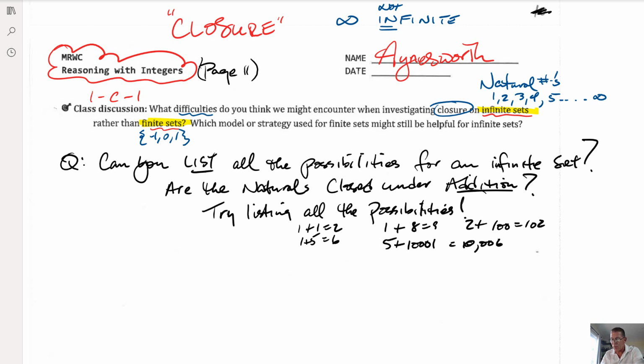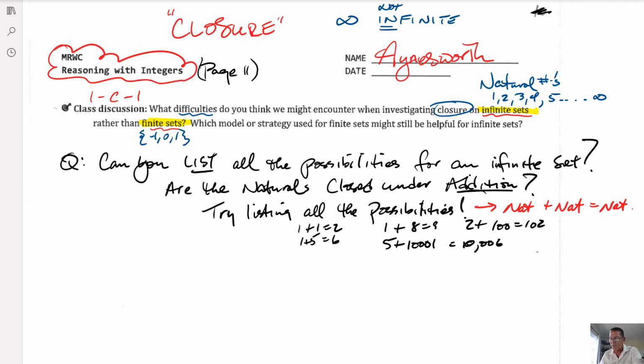But can you do that? Can you list all possible sums of two numbers and show that the sum of any two naturals is a natural? In other words, you have to show that a natural plus a natural equals a natural. Can you show that?